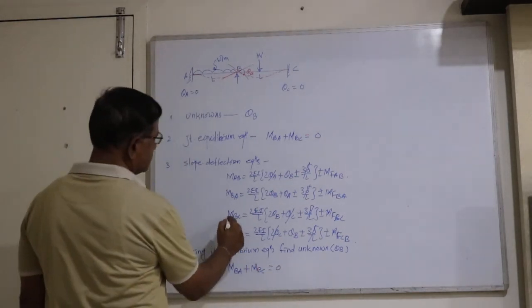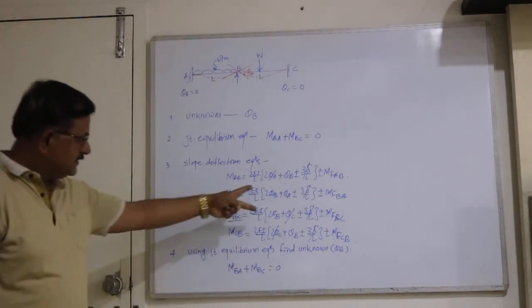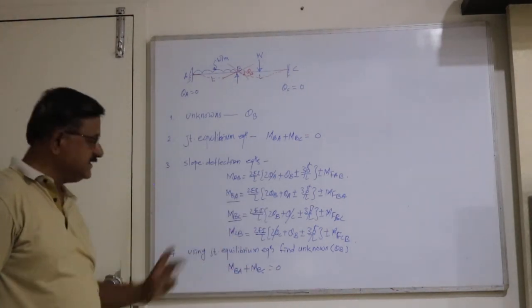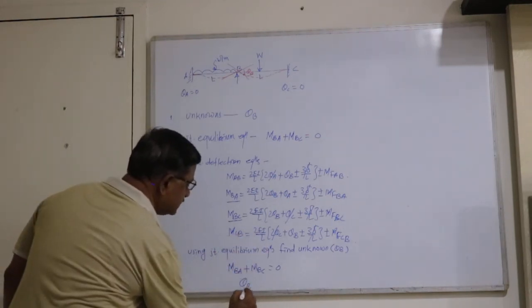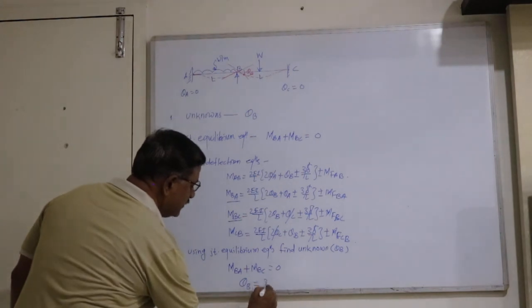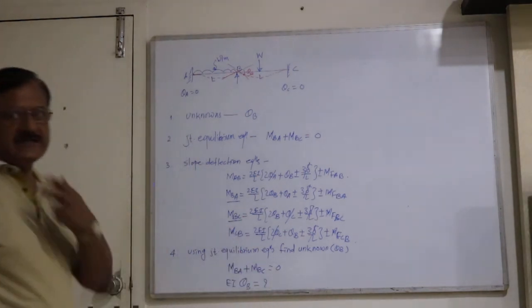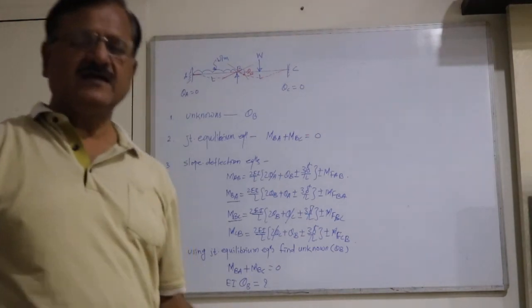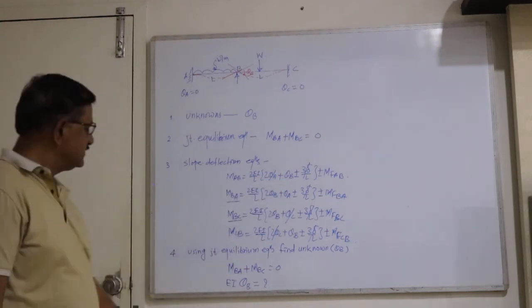Let's substitute this MBA and MBC in this equation, and solving it we will get the value of theta B, or directly you will get EI theta B, so that we can directly substitute.